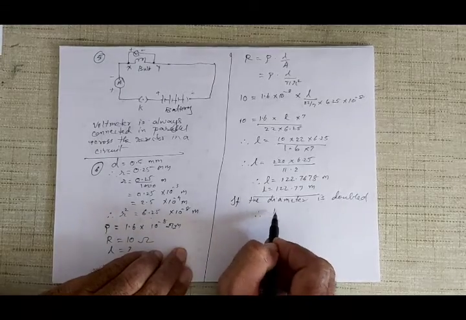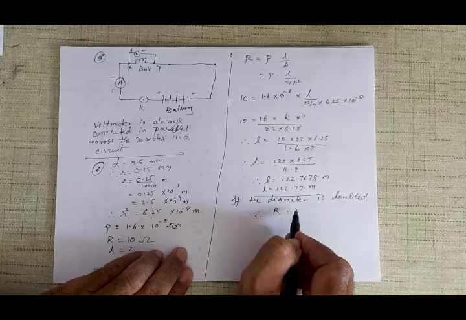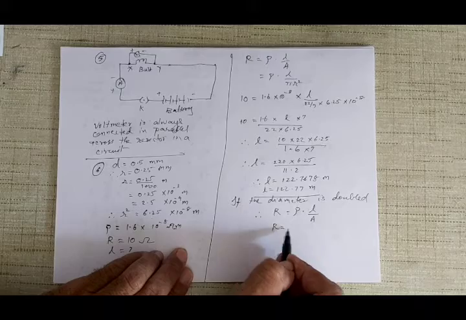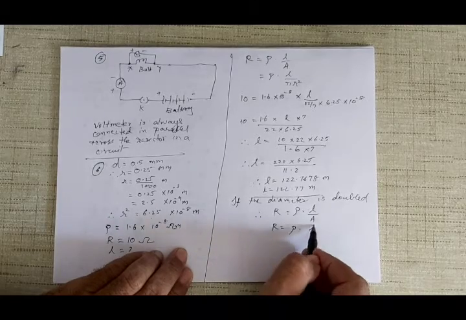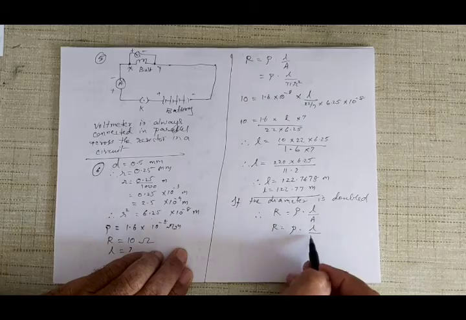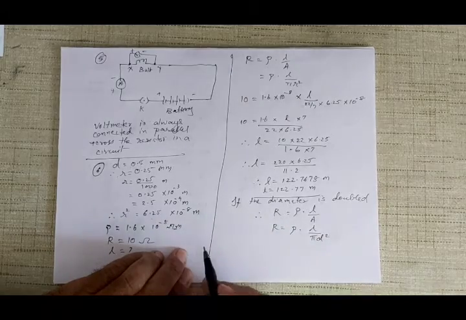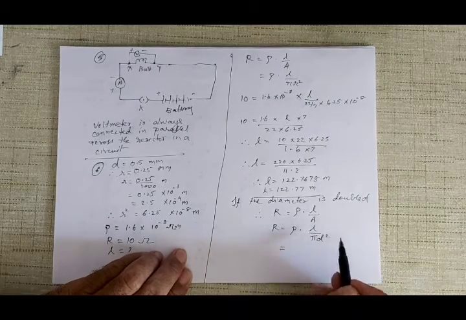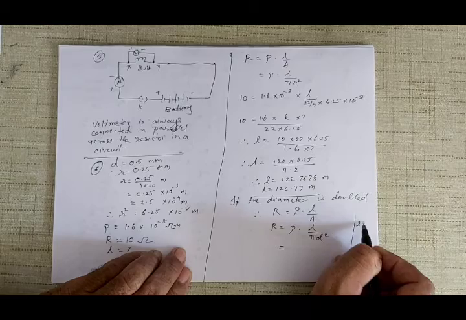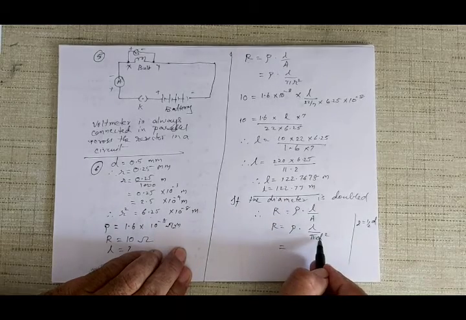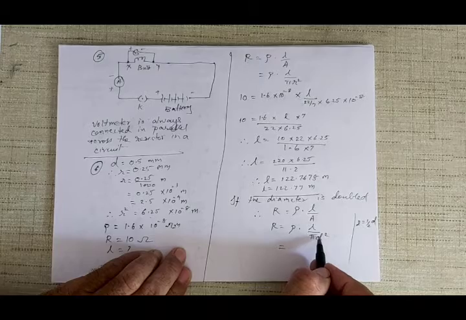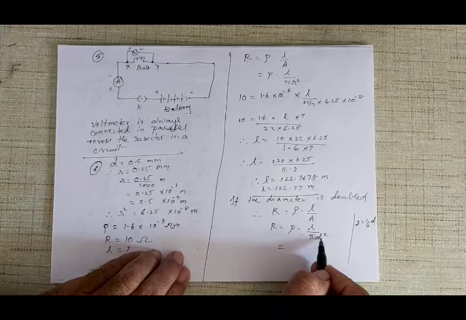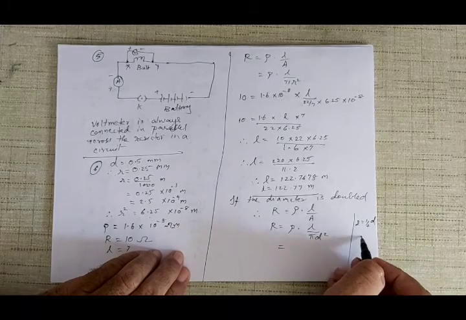Now if you can see, resistance is equal to rho, that is resistivity, into L upon A. Rho is a constant, okay, length upon area of cross section pi d square, where d is diameter. अब remember अगर d लिखना है तो radius की जगह पे, okay, see radius is half the diameter, so diameter will be actually twice the radius, or radius will be half the diameter.